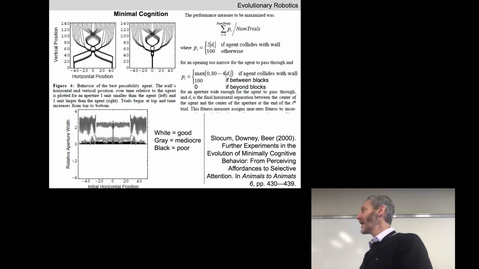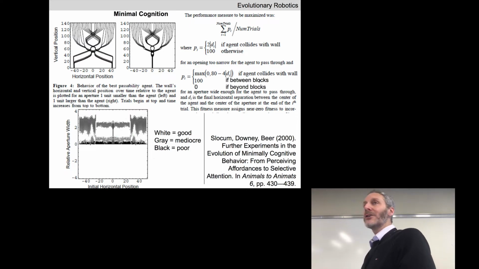But otherwise, points that are in the upper half correspond to passable apertures, and points in the lower half are impassable apertures. If you now think about any individual pixel in this image here, that pixel corresponds to one dropped object pair at a particular horizontal position with a particular aperture width.